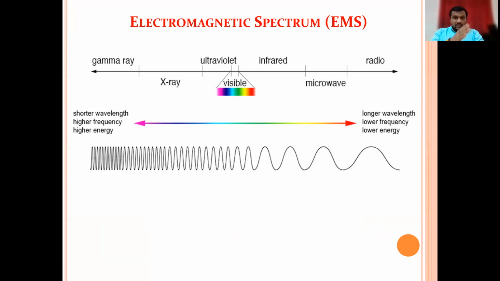A certain range of wavelengths, from shorter wavelengths to longer wavelengths, is known as the electromagnetic spectrum. The electromagnetic spectrum has different components, with wavelength intervals starting from shorter wavelengths like gamma rays, then X-rays, ultraviolet, visible, infrared, microwave, and radio waves.